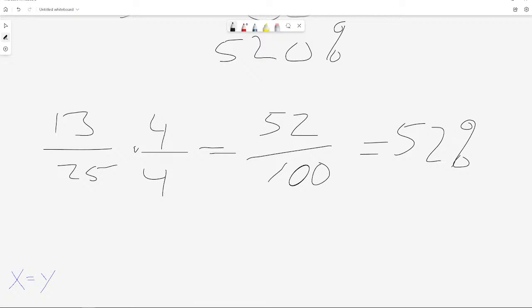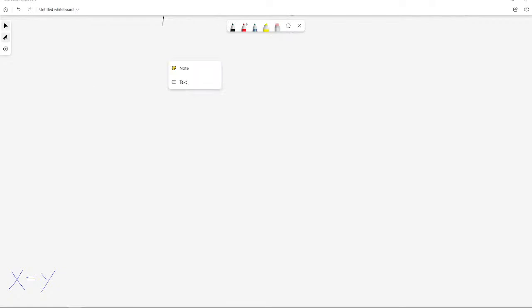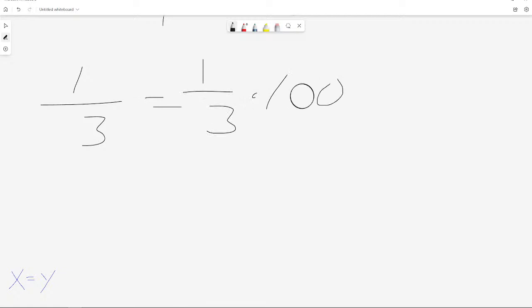So what happens when we don't have a multiple of 100? Let's say we have 1/3. So we're going to end up going 1/3 times 100%.